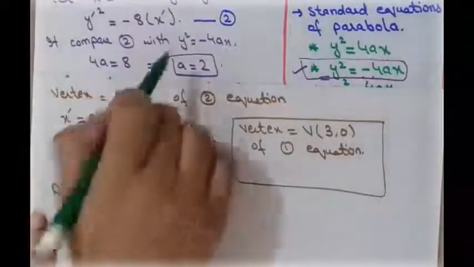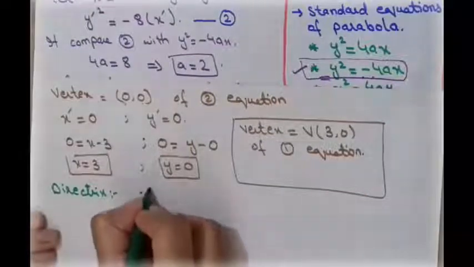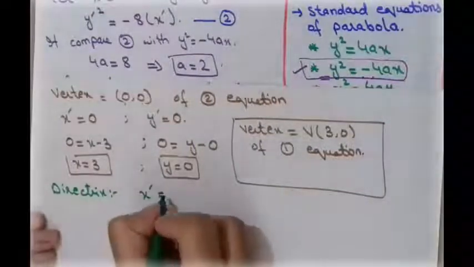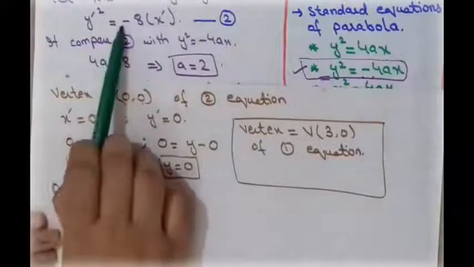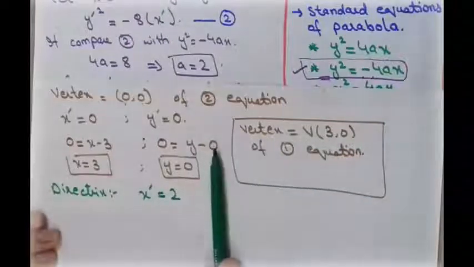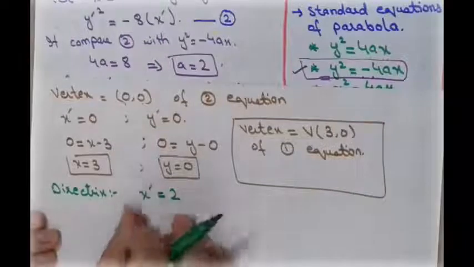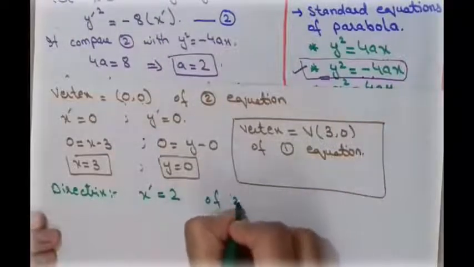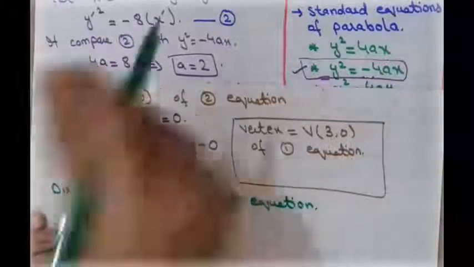The directrix of the second equation is x dash equals positive 2, because this shows that the parabola opens to the left side. So the directrix is on the positive side of the x-axis, but this is the directrix of the second equation, and we have to find the directrix of the first equation.